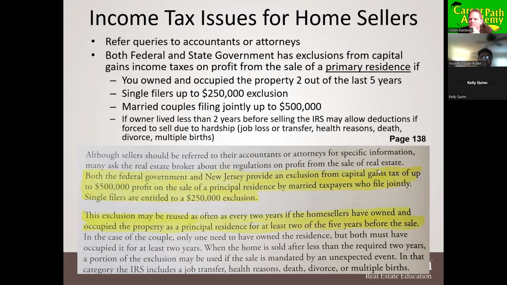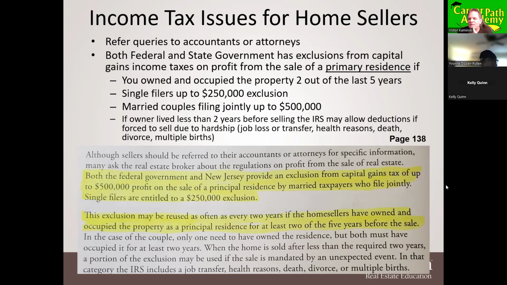If you sell it before that, living in it for less than 2 out of the last 5 years, the IRS may still allow you to take the deductions if you're forced to sell the property due to some sort of hardship, which the IRS classifies as a job loss or transfer, health reasons, death, divorce, or multiple births. Those are hardships. Okay, so let's highlight this on page 138 because it will be on the exam.